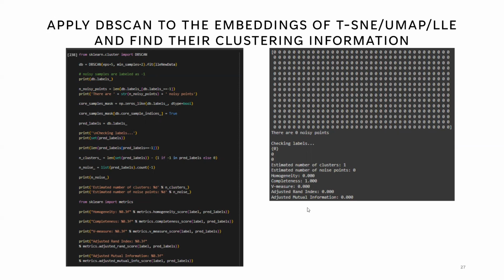To further that claim, let's look at the adjusted mutual information on the bottom here, which is a score of 0. The AMI is a measure that quantifies the level of agreement between two data clusterings while considering chance agreement, and it is used to assess the quality of clustering results. So what we see is that DBSCAN is basically telling us that we think everything's the same.